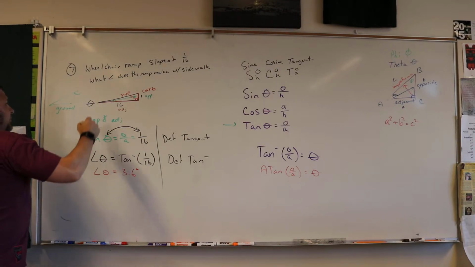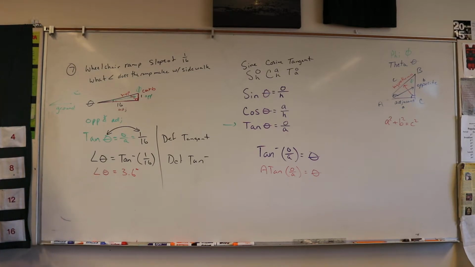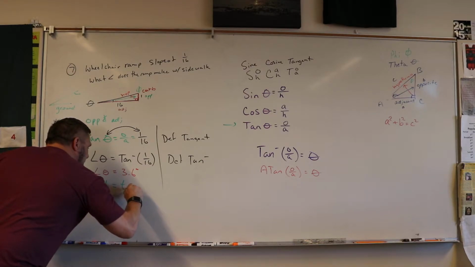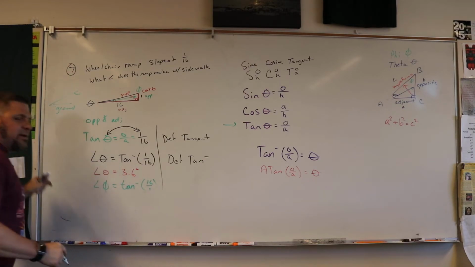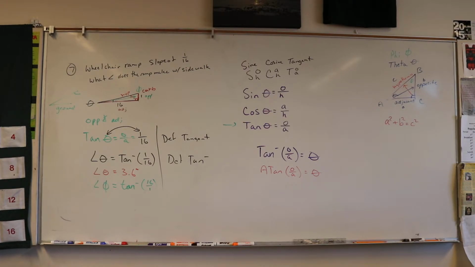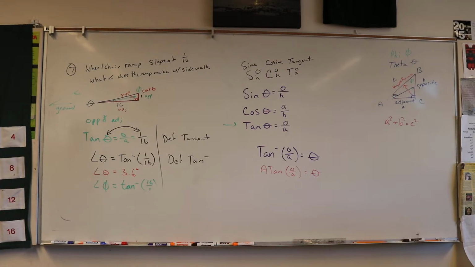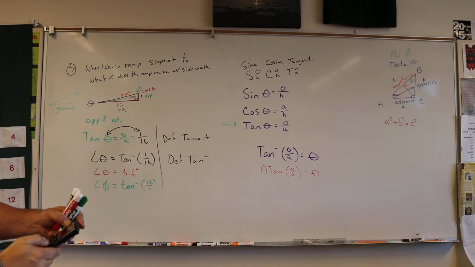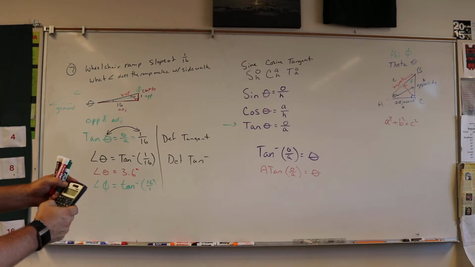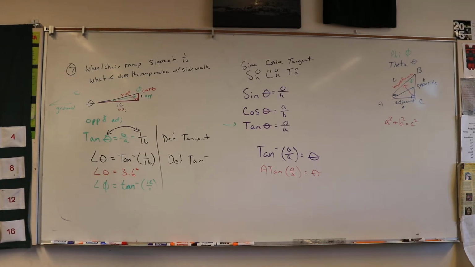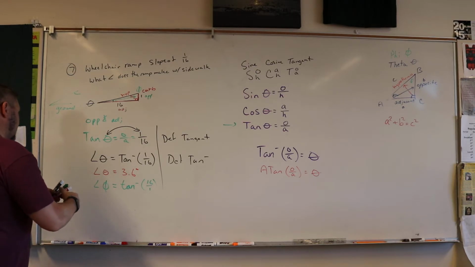You're either going to go angle phi is equal to the tangent inverse of 16 over 1, or 16, or 3.6 from 90, which is going to be 86.4. So what do we get? Inverse tangent of 16 equals, oh look, 86.4, right?